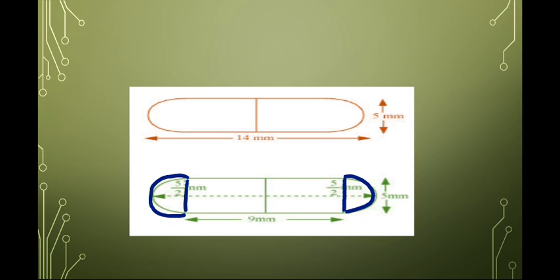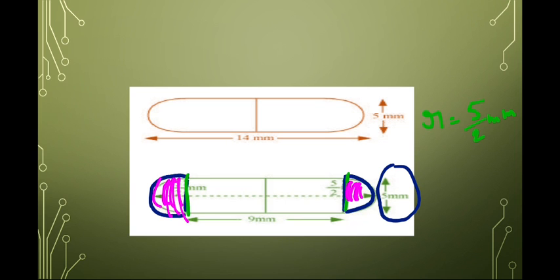The diameter for the hemisphere is given as 5 millimeter, that means this diameter is equal to 5 millimeter. So radius is equal to 5 by 2 millimeter. So by this radius you can easily find the curved surface area of this portion and this portion.